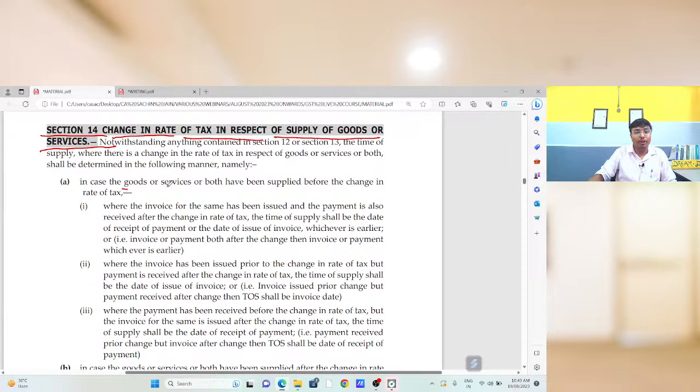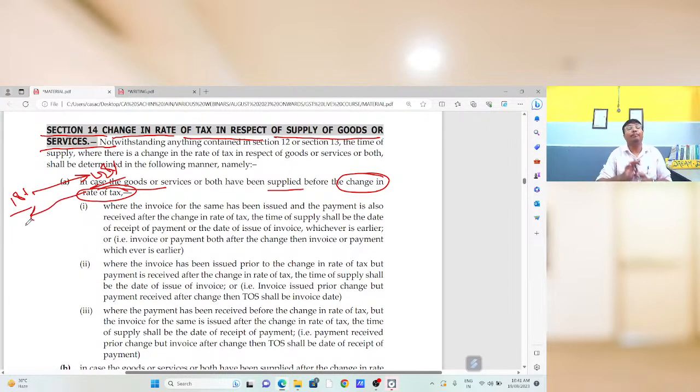In case goods or services have both been supplied before the change in rate of tax. Suppose the rate was 18% and the government said now the rate is 28%, and the supplier has supplied the goods or services before the change in rate of tax. That is, at the time of 18%, the supplier made that particular supply of goods or services.